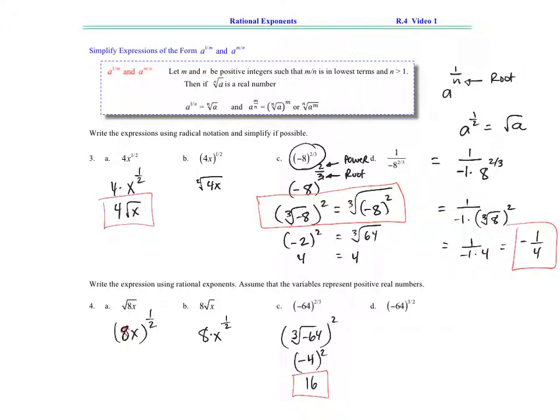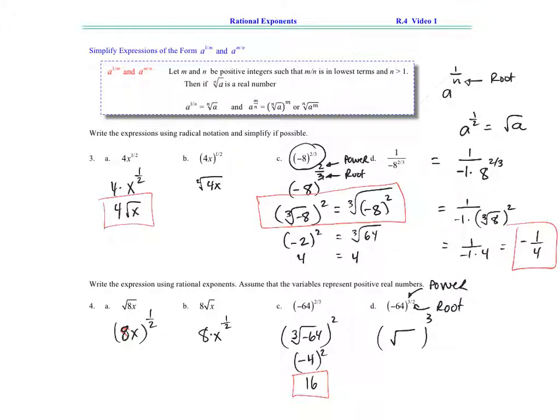Then here we have -64 to the 3/2. So the power is 3. The numerator is the power, and the denominator is telling us the kind of root.